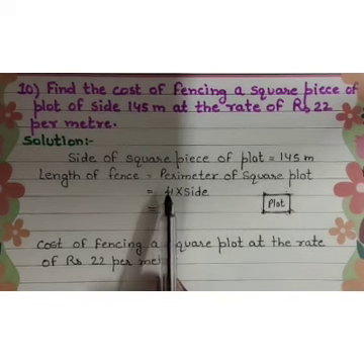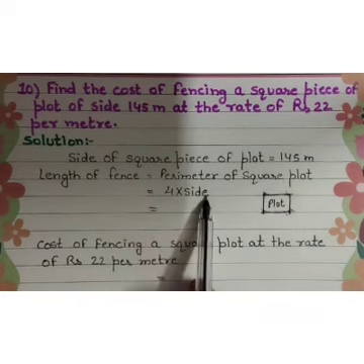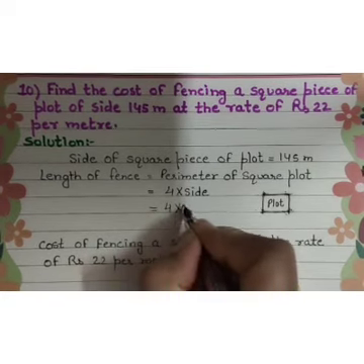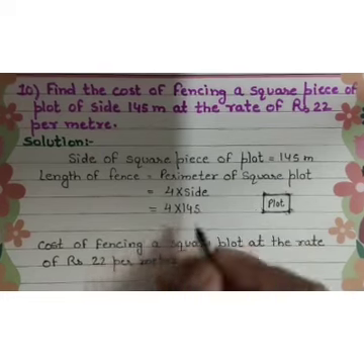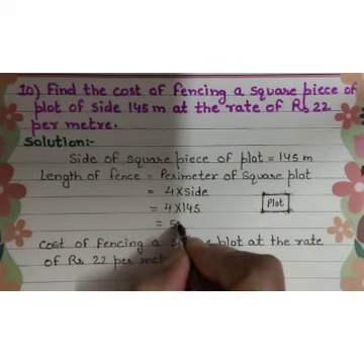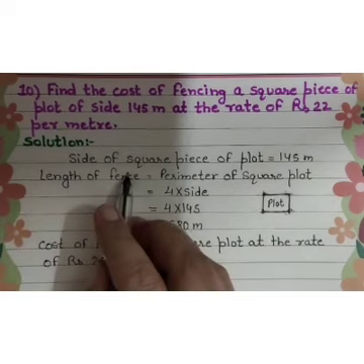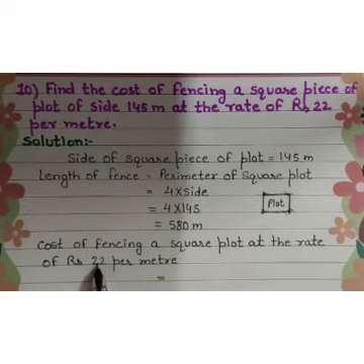And formula for perimeter of square plot is 4 multiply side. Now, we multiply 4 by 145 and get 580 meter. Therefore, 580 meter will be the length of fence. And cost of 1 meter fence is rupees 22.